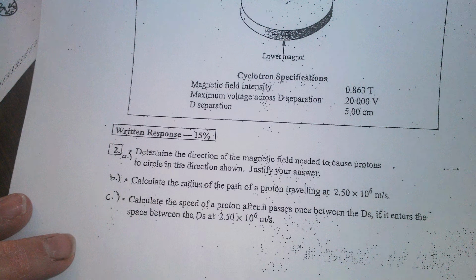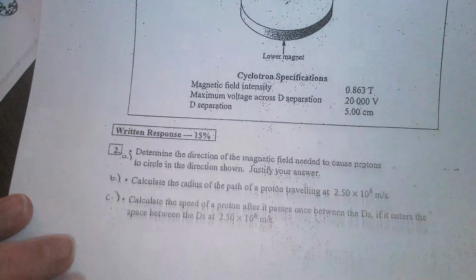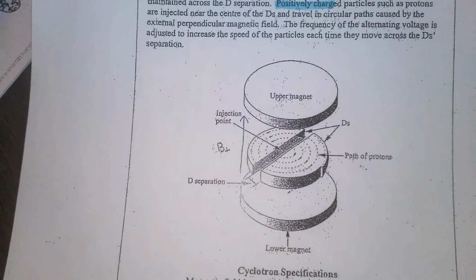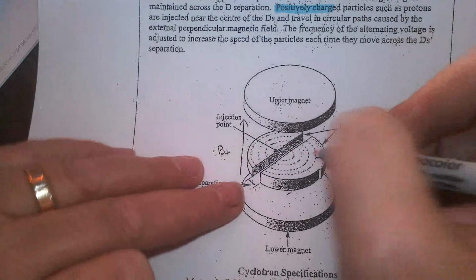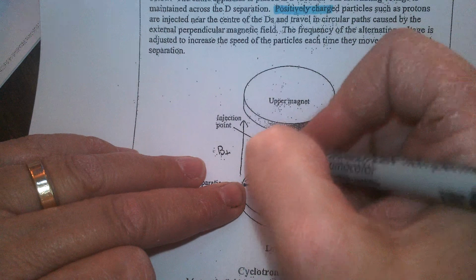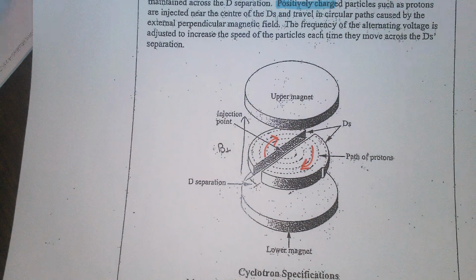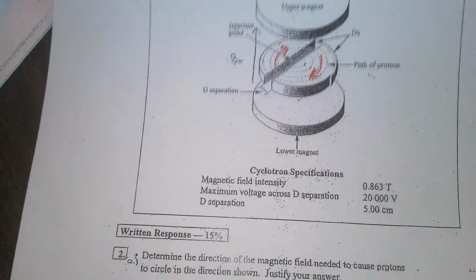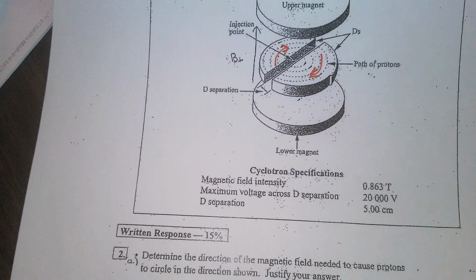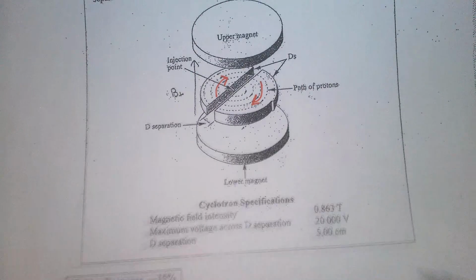Determine the direction of magnetic field needed to cause protons to circle in the direction shown. So we want it to circle in this direction. Well, first things first, which hand are we going to use?